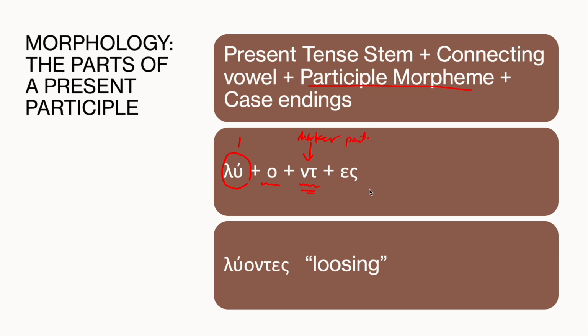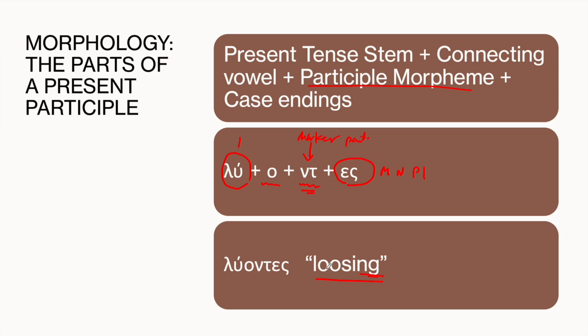If you see this, chances are it is a participle. And then this is the case ending. This example is masculine nominative plural. And we just translate for now as "loosing" because we don't know its context. Context helps us to translate participles with more precision. But for now, just translate it like an -ing word.